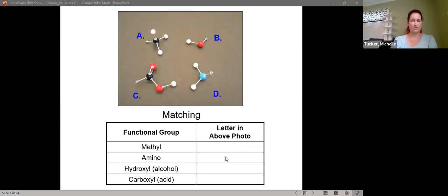Yep, so amino group is group D. Hydroxyl is also known as alcohol, B. And carboxyl is the large guy at C. Very good. So yeah, know your molecules, know your functional groups.